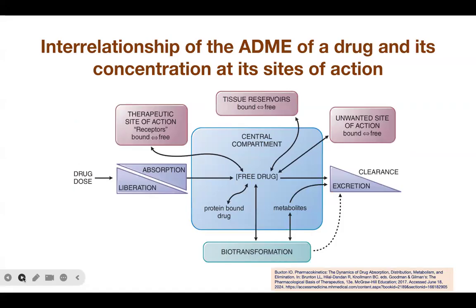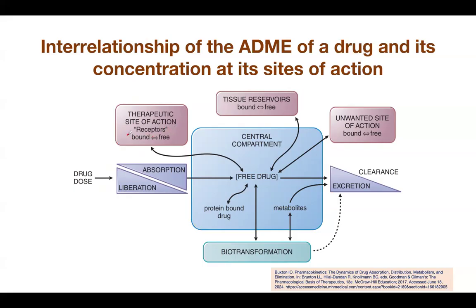As we are talking about ADME, absorption, distribution, metabolism, and elimination of a drug, we need to understand this interrelationship and the concentration at its sites of action. Especially at the therapeutic site of action, the drug should reach the receptor level in a free form.